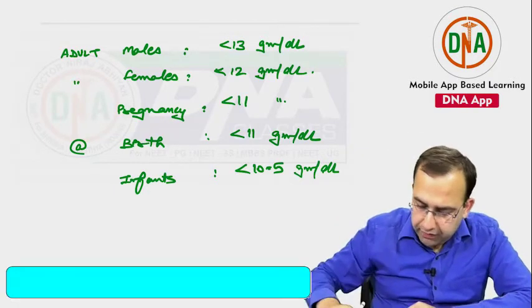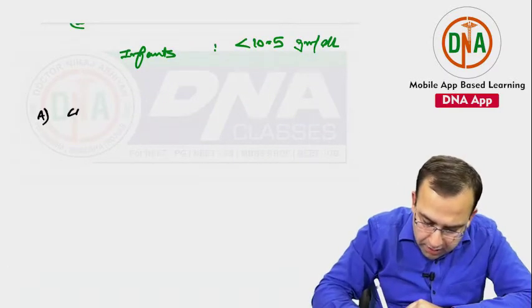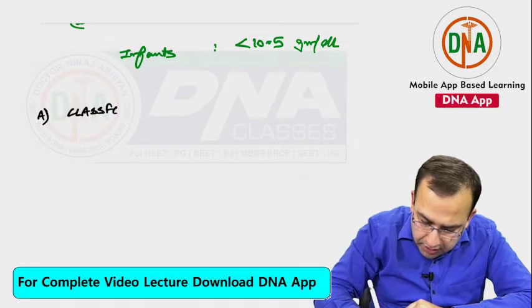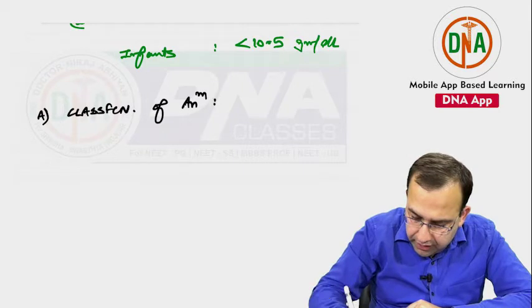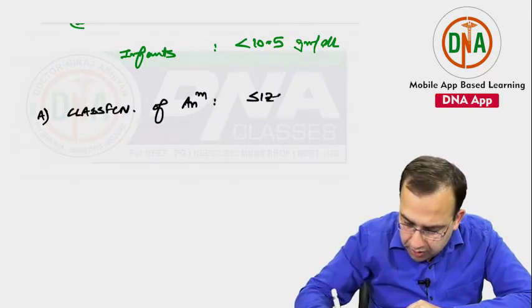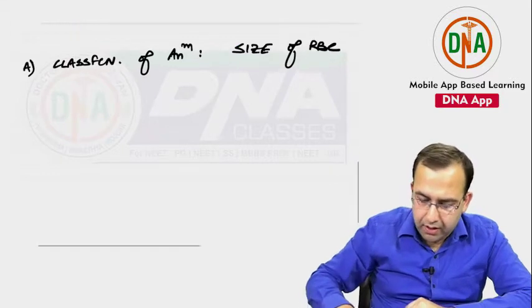Firstly, this starts us with our first topic, that is classification of anemia on the basis of size of the RBC.